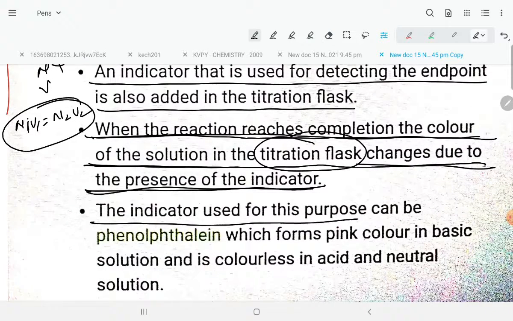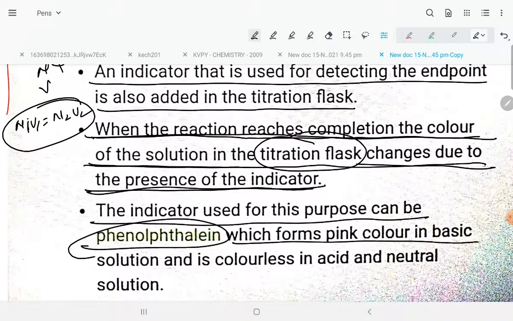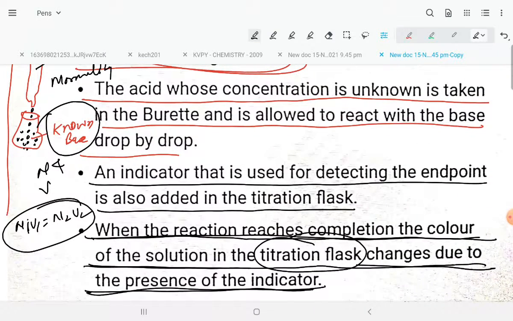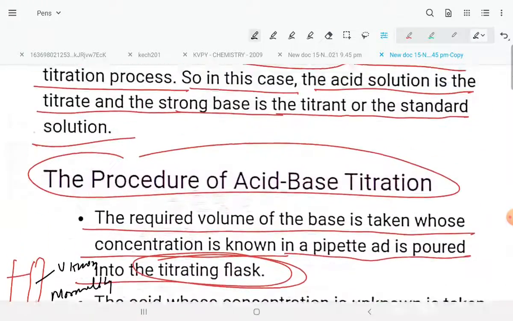The indicator used for the purpose can be phenolphthalein, which forms a pink color in basic solution and is colorless in acidic and neutral solution. When the pink color appears, it means the titration is over.